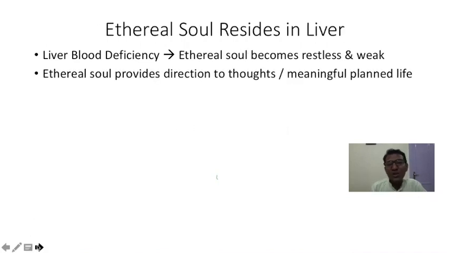And the ethereal soul resides in the liver, we told. The ethereal soul is more of a spiritual kind of being which gets stored in the liver. And if there is not enough blood in the liver, what happens? A restlessness gets created in the ethereal soul, and the ethereal soul becomes weak.